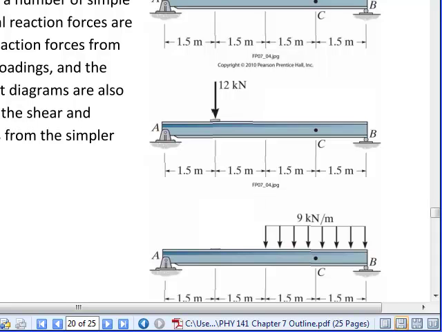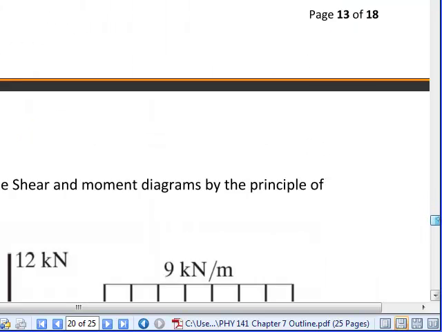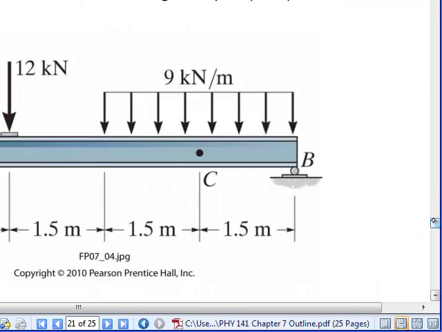So basically what we're saying is that this equals this plus this.